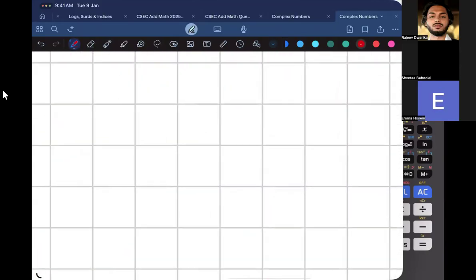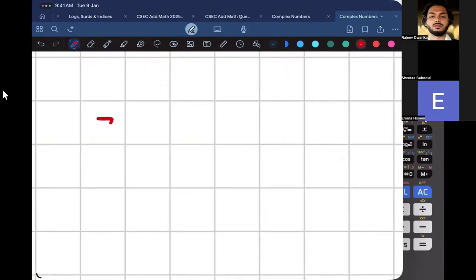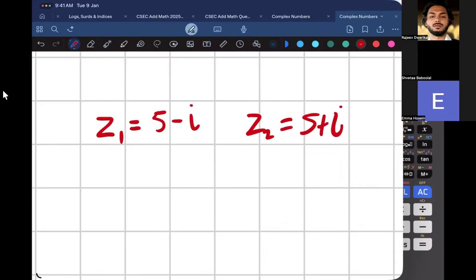If you are given one root, let me just say you're given a root z1 equal to 5 minus i, do you know how to find the original quadratic equation from that? You get the conjugate pair, which will be 5 plus i. I want to come up with the equation for it.